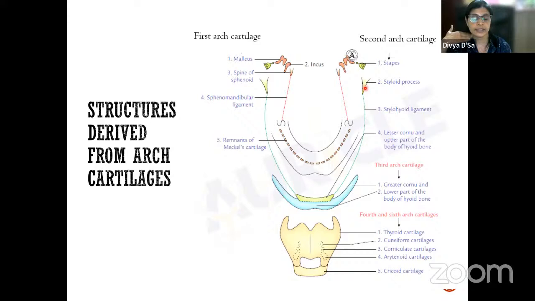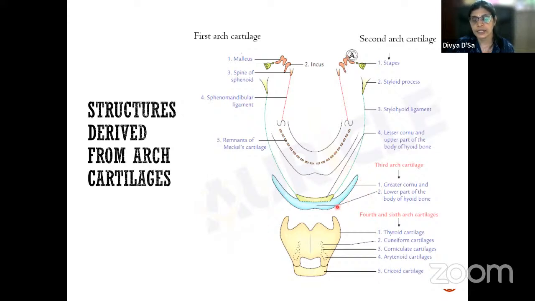For the second arch, there is no bone in front, so that is why it forms the ligament, the stylohyoid ligament. It also forms the lesser cornu and the upper part of the body of the hyoid, derived from the second arch.